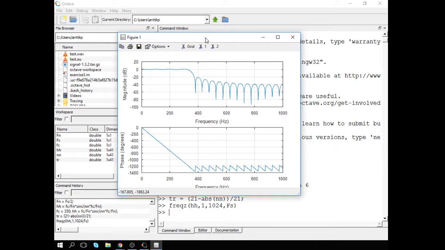Then I started with that filter and put this triangular window there to reduce a little bit of the stop band attenuation. Well, it's actually better now, so it's -40 there at the end.